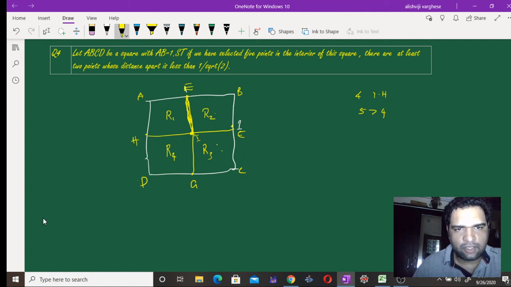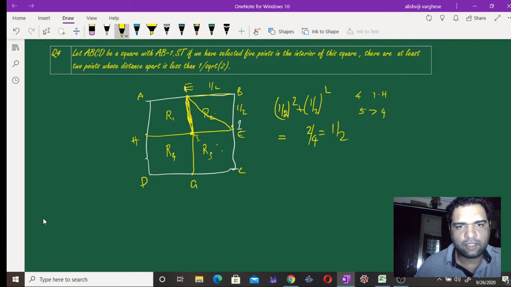Now, if you closely examine one of these squares, its dimensions are 1 by 2 and 1 by 2, so this diagonal distance is the square root of (1 by 2) squared plus (1 by 2) squared, that is equal to 1 by 4 plus 1 by 4, that is 2 by 4, that is 1 by 2, and therefore the distance of this diagonal is the square root of 1 by 2, that is 1 by root 2.